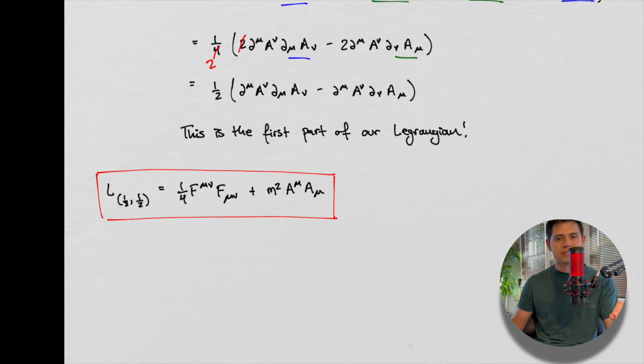Another way of saying this is we have different Lagrangian representations, if you will. All of them are invariant under Lorentz transformations, because they're all built out of invariant terms within each representation.